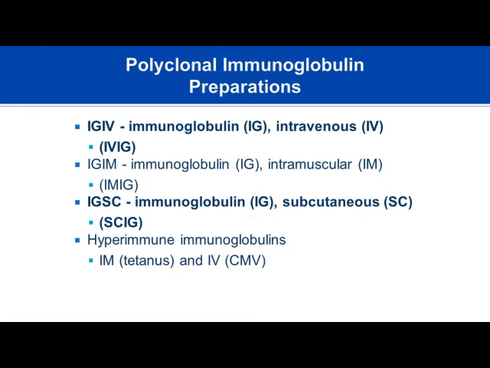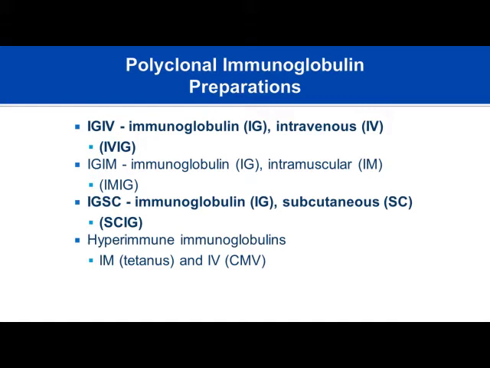Now, what types of polyclonal immunoglobulin are available? And that's summarized in this next slide. The first type, and the main type that many of you are familiar with, is intravenous immunoglobulin, called by the FDA immunoglobulin intravenous, IgIV, but we more commonly call it IVIG, and I will refer to it as IVIG throughout this talk. A less well-known preparation and an older preparation is intramuscular immunoglobulin, or immunoglobulin intramuscular, IMIG.